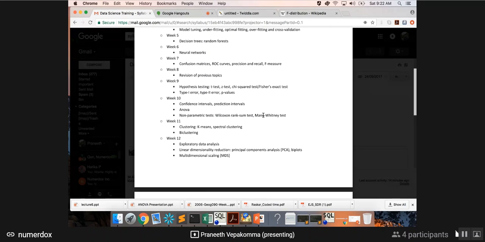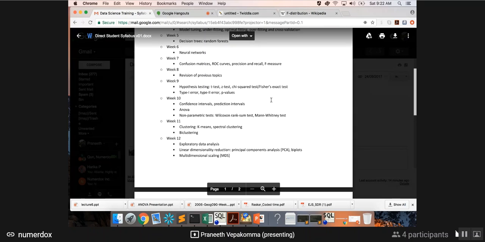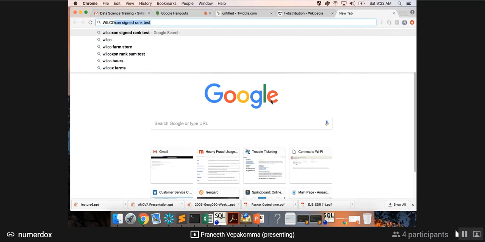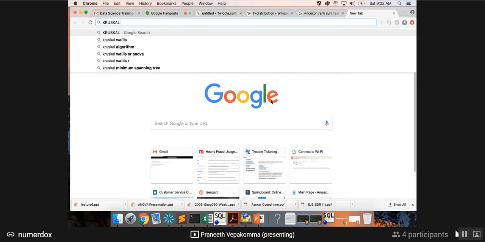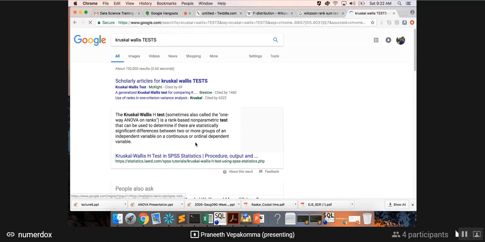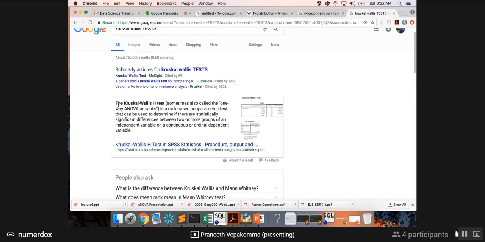Similarly, instead of Anova, you can do the Wilcoxon rank sum or Mann-Whitney test, but in terms of Anova, you can do what is known as the Kruskal-Wallis test. There are many non-parametric tests, so I just wanted to say these are available in R and SPSS and Python everywhere as well. So if you read this, the Kruskal-Wallis test is again Anova, but is based on ranks, a non-parametric test.